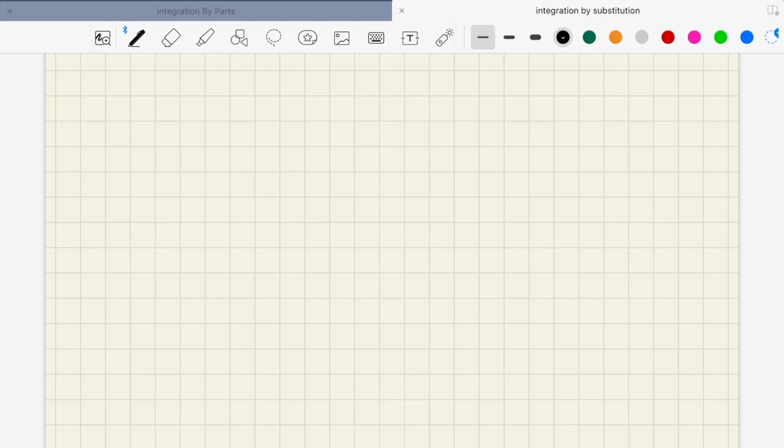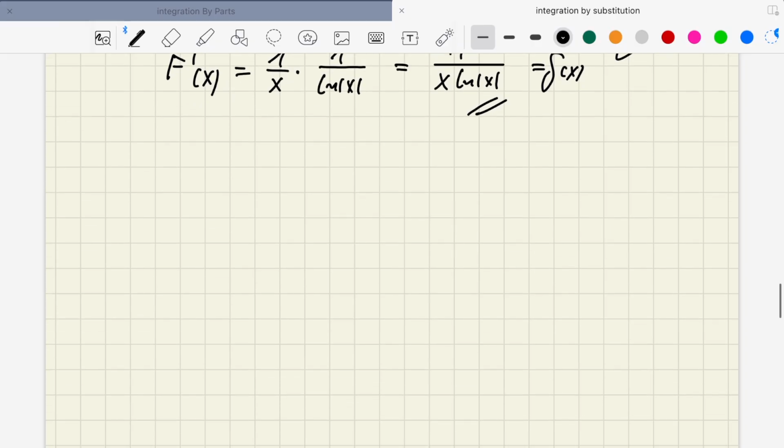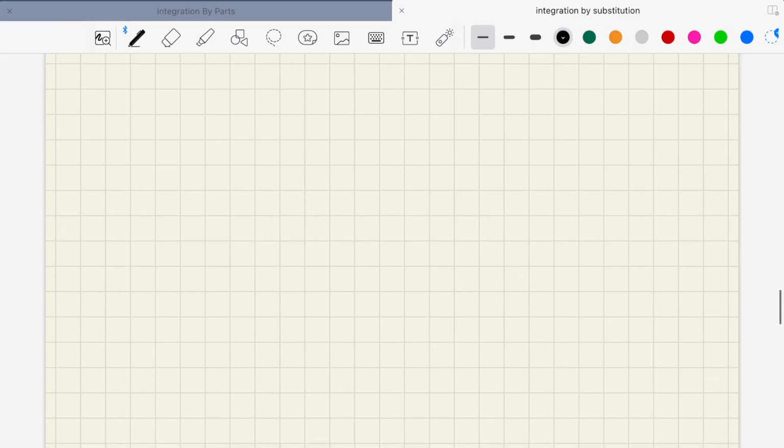Okay, so we have an integral with upper and lower limits. There's a little thing you have to be aware of when you apply this method to integrals with limits, but if you know the trick, it's not hard by any means.